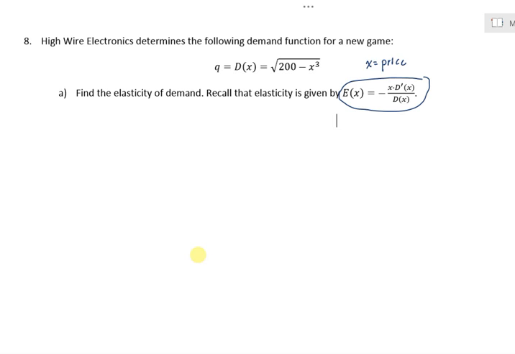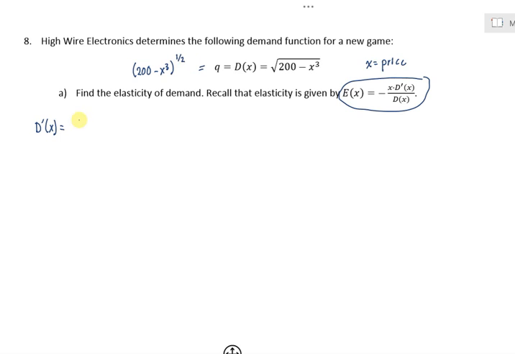So first I'm going to find D prime, because that's the hard part. So D prime of X. I'm going to write it over here to the left. Remember that a square root is just something raised to the 1/2 power. This seems to cause a lot of confusion, but it's not so bad.